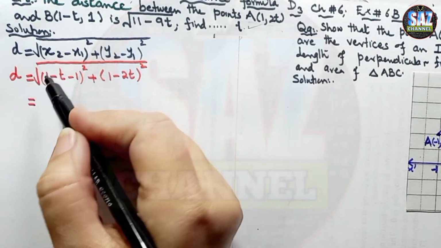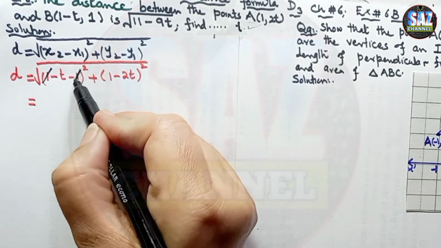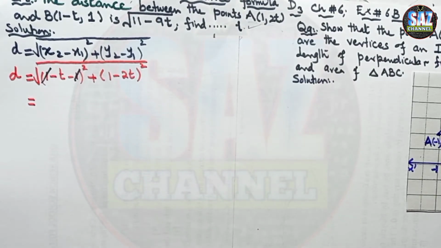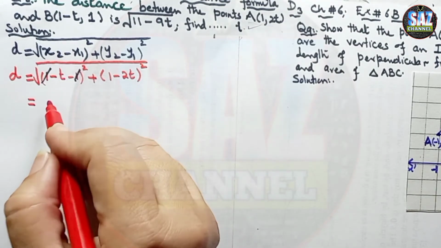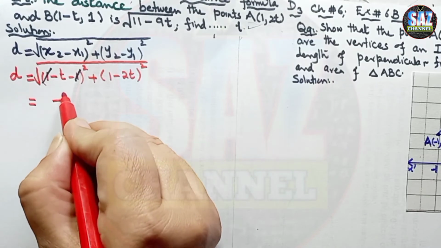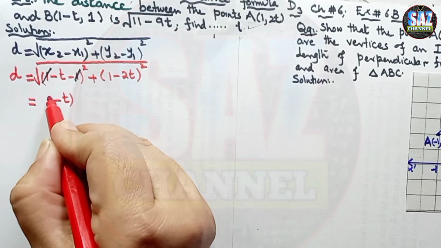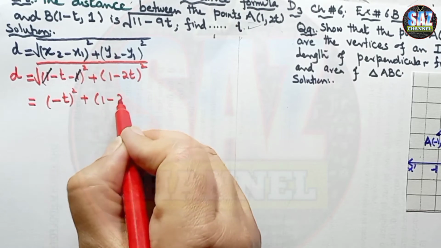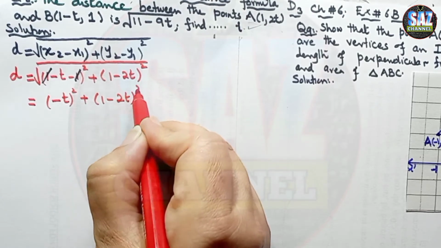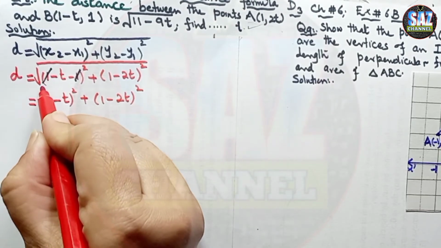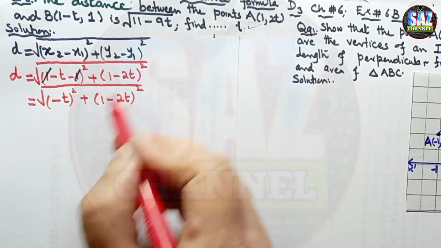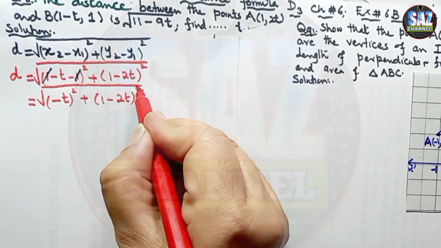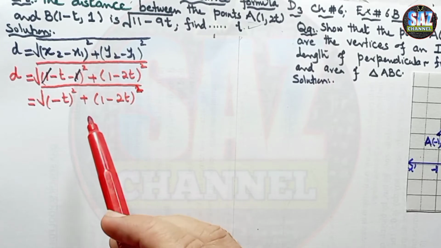Now we can see that this one can go with this one. You must simplify the expression before going to the next step if you can, and we are left with the square root of minus t square plus (1 minus 2t) whole square. Okay, now we have found the distance between the given points.